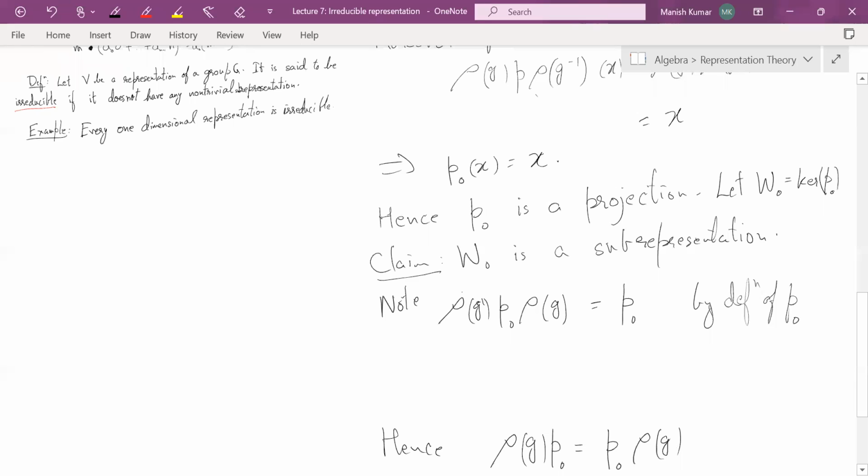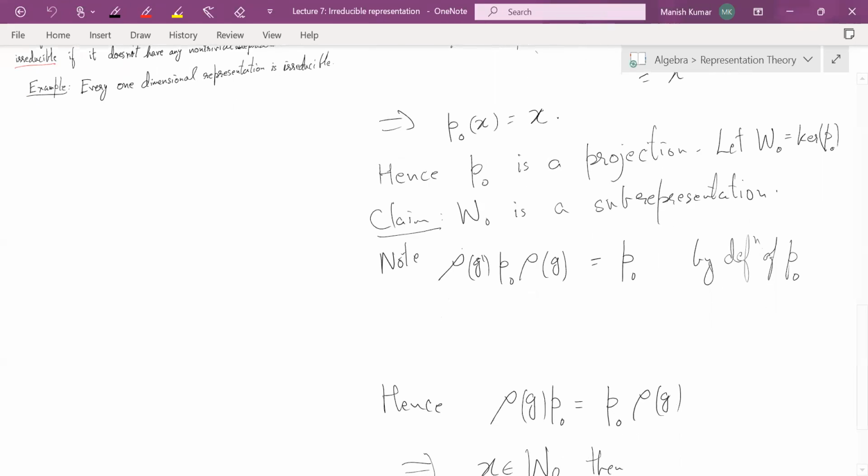Maybe I'll just write this down. So this is rho G inverse. So maybe 1 over size of G summation.